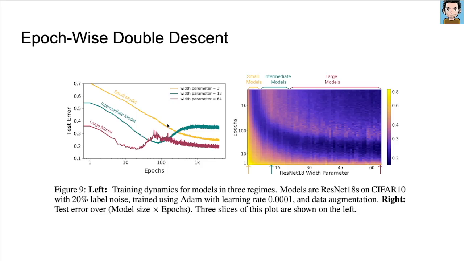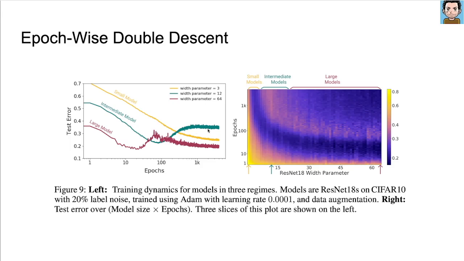test error. For the yellow model with small capacity, we observe a single descent as we increase the number of epochs. This aligns with classical ML literature, where a small model won't have enough capacity to memorize the trained dataset and accordingly will generalize better on the test dataset. For the green model with medium capacity, we again observe a single descent, but the test error starts to increase as we increase the number of epochs.